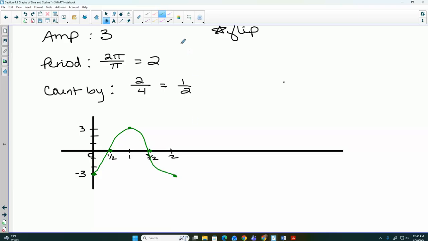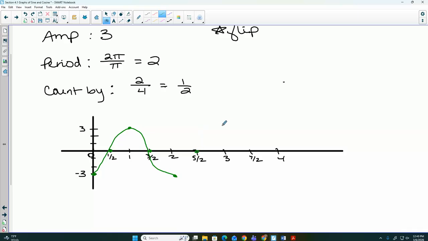So to get a second period, we would just need 4 more points. You just keep adding your count by. So we'd have 5/2, 3, 7 halves, and 4.